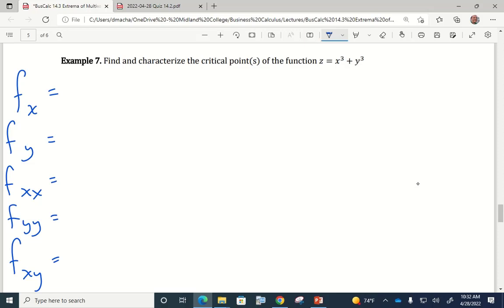Derivative with respect to x is going to be what? 3x squared. Yep. Derivative with respect to y should be 3y squared. Nice. The second derivative with respect to x should be 6x, and in y, 6y. What about my mixed partial?